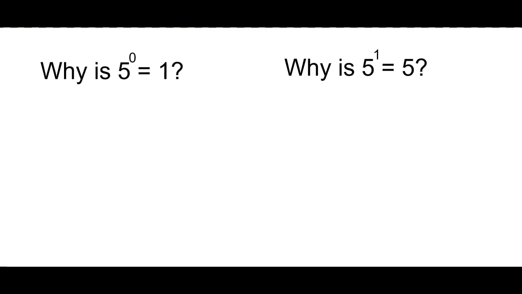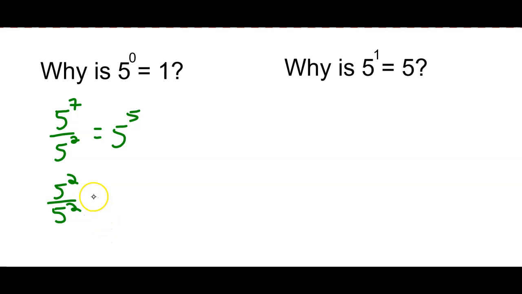All right, next question I want to go over. We talked about this before, but we said anything raised to the 0 is 1, and anything raised to the first power is that number. So the question is, why is that the case? Going back to our rules with exponents, if I had something like 5 to the 7th divided by 5 squared, that would be 5 to the 5th. Well, what if I had 5 squared divided by 5 squared?